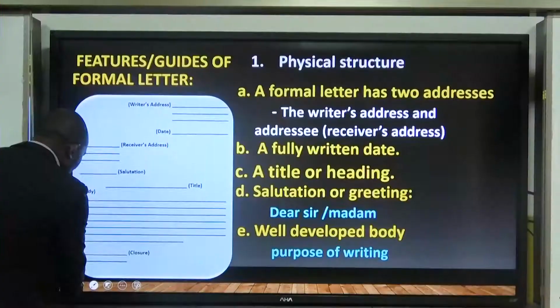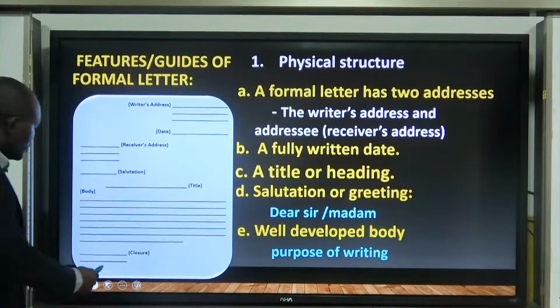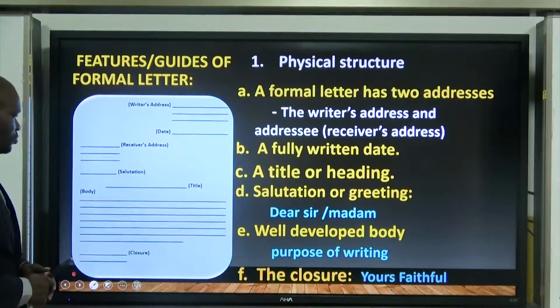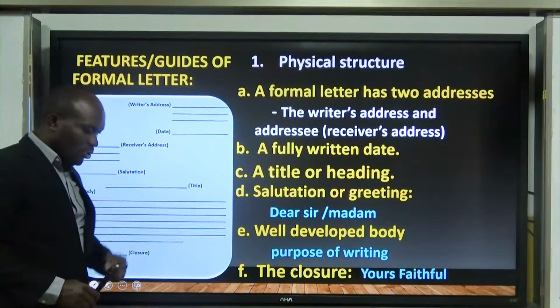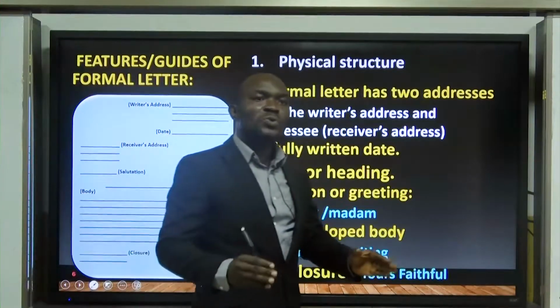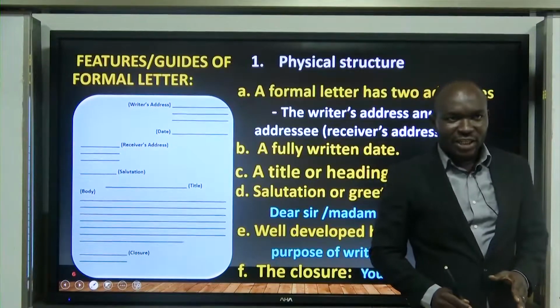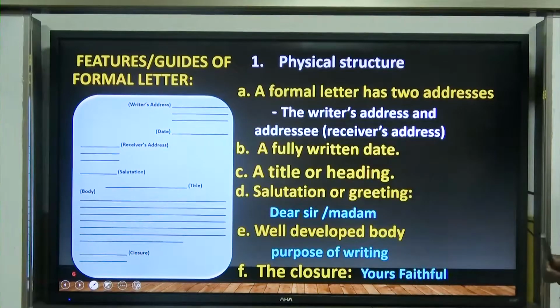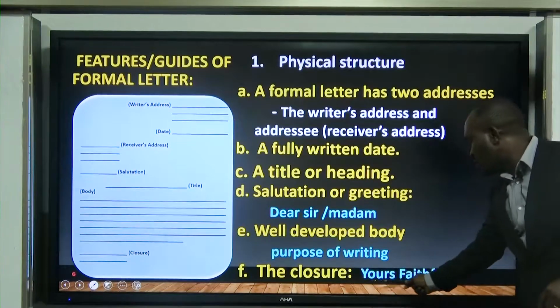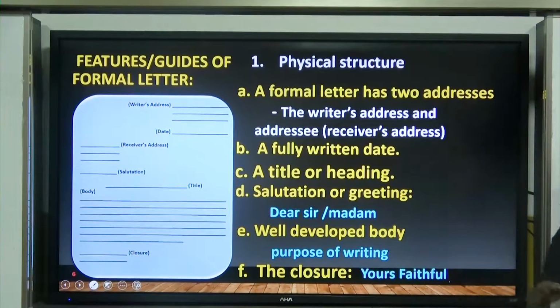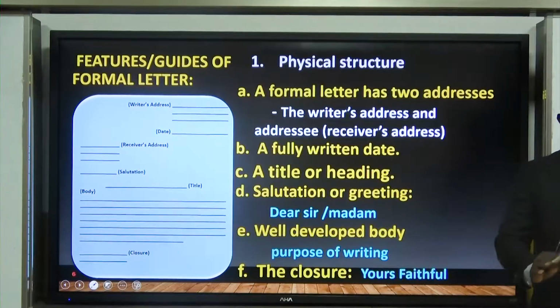And then we will also look at another physical feature, which is the closure. How do you end a formal letter? In ending a formal letter, we use yours faithfully. Yours what? Faithfully. Simple.